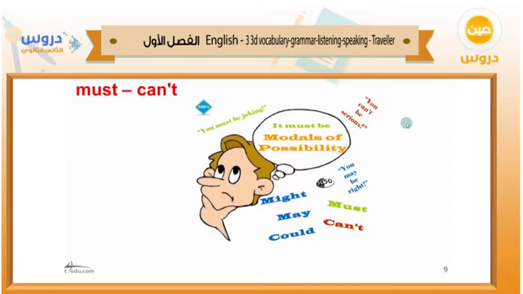You must take the medicine. For another example, you can't pass the traffic light when it's red. You can't. It's a law. So we use these modal verbs of possibility when you are so positive about a fact, or 99% sure of something that is unquestionable.